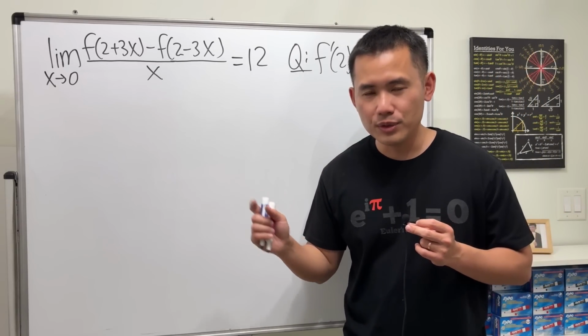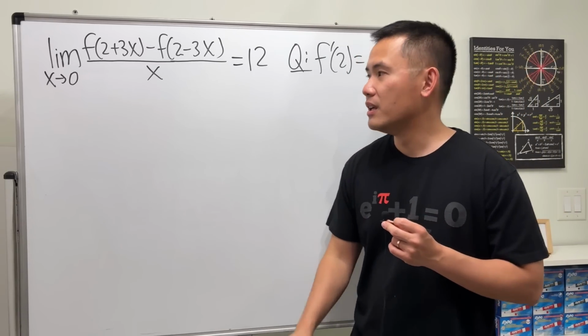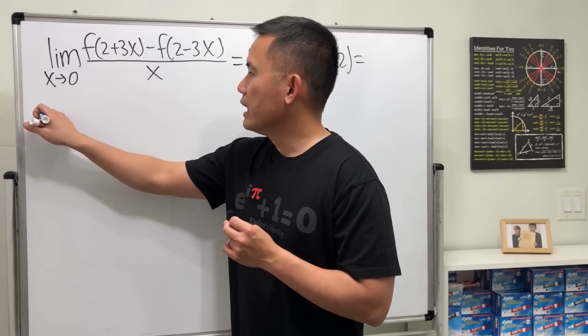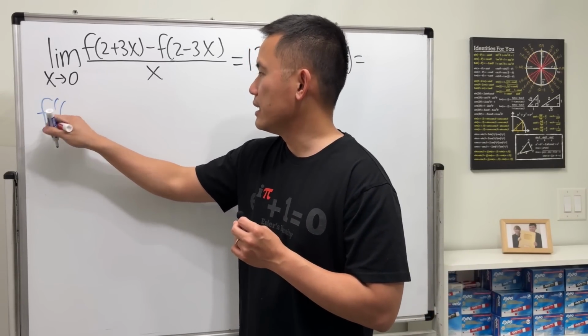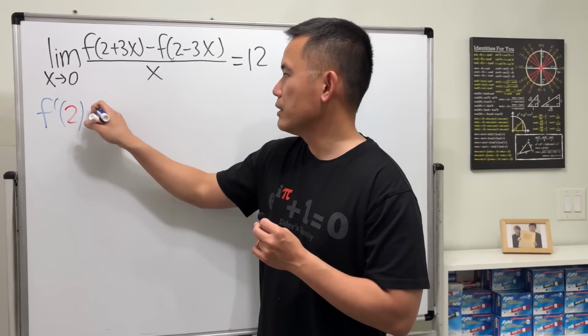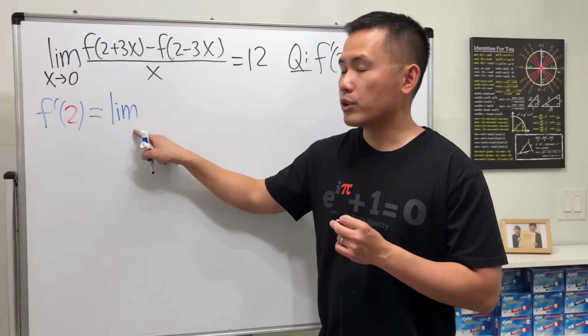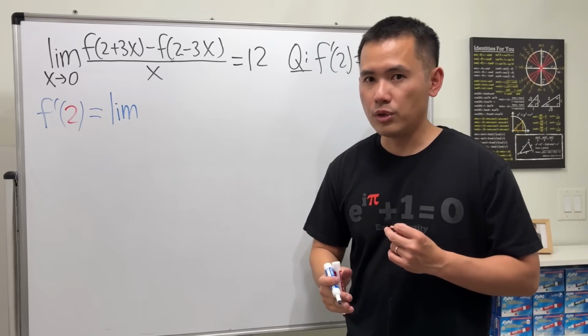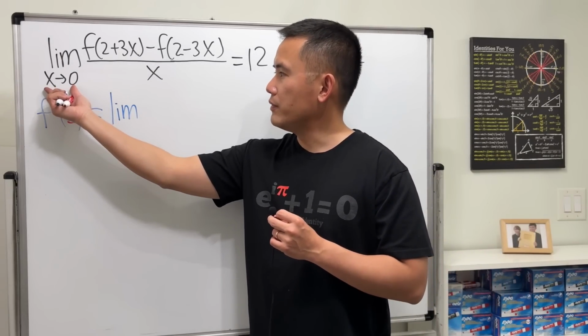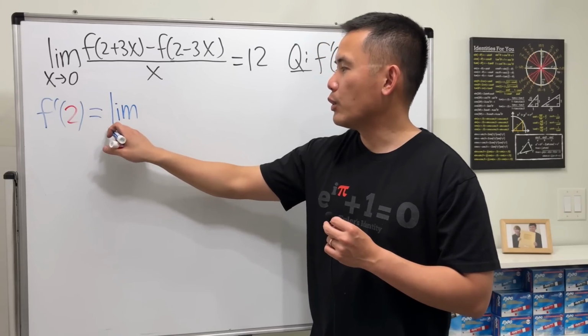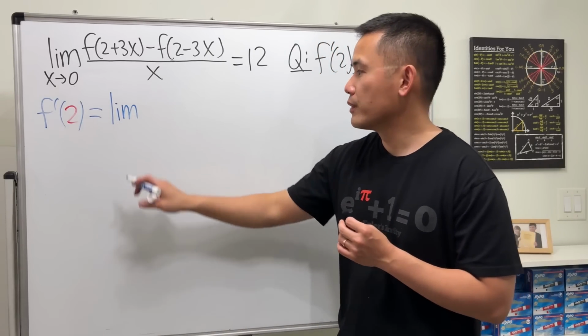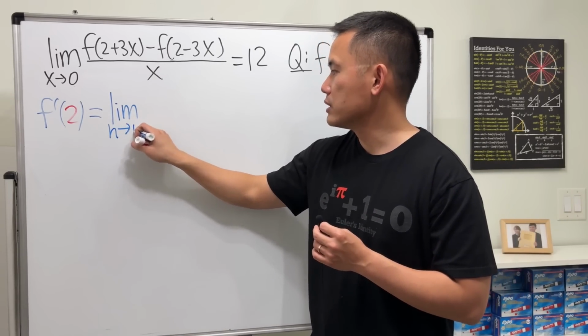First, we are going to be using the definition of the derivative. So let me remind you guys this right here. If today we have some function and then differentiate that at 2, this right here is equal to the limit. You can write x approaching 2 or h approaching 0. Here, as you can see, we have x approaching 0. So I will be using the one that approaches 0, which is the h approaching 0.